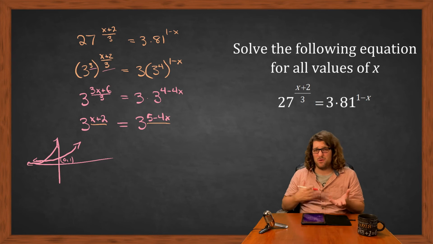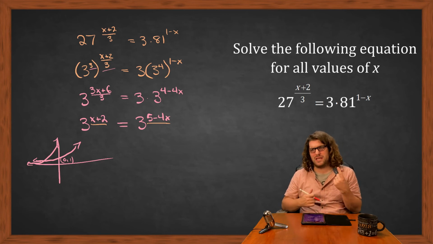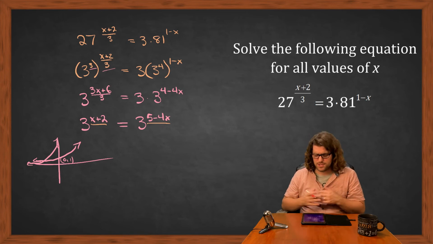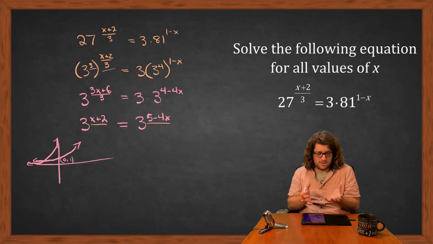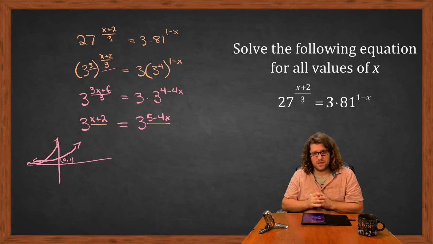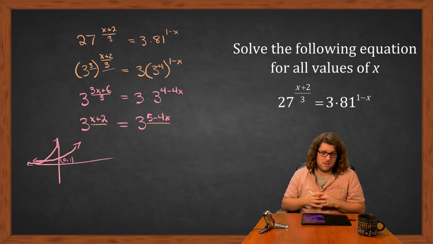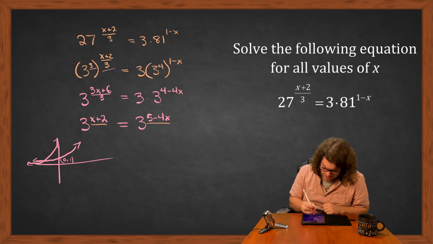Because 3 to the power of 2 can't be equal to 3 to the power of 5 or 3 to the power of -1/2. It just doesn't happen like that. There is only one y value for every x value and vice versa. So if they are in fact equal, and we can find out if there is a point like that out there, then we need to acknowledge that they have to be the same exponent.